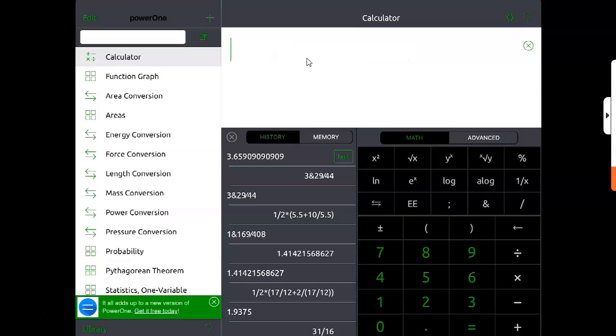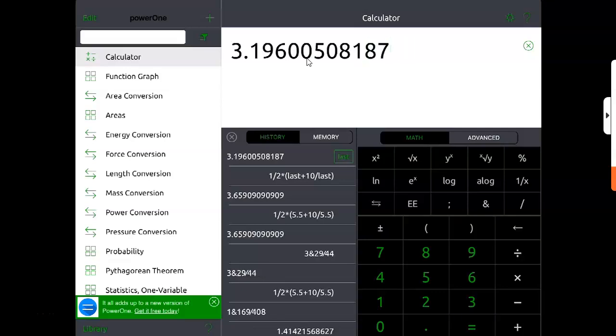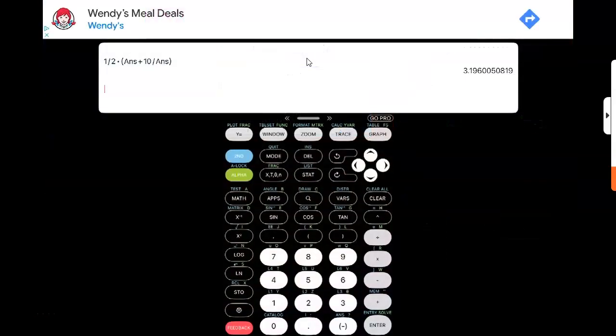I'm not sure what's going on with my calculator here. I should have done 1 divided by 2 times the last value plus 10 divided by the last value. For some reason it had forgotten what the last value was, I guess. So 3.196.